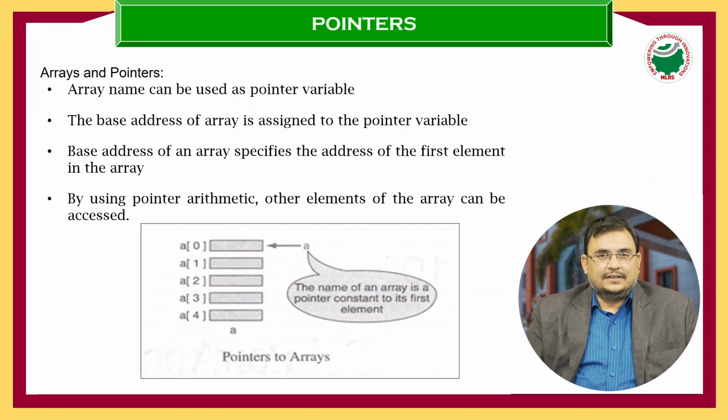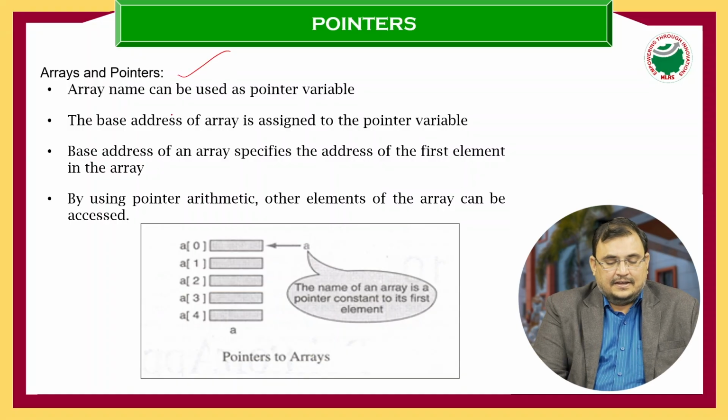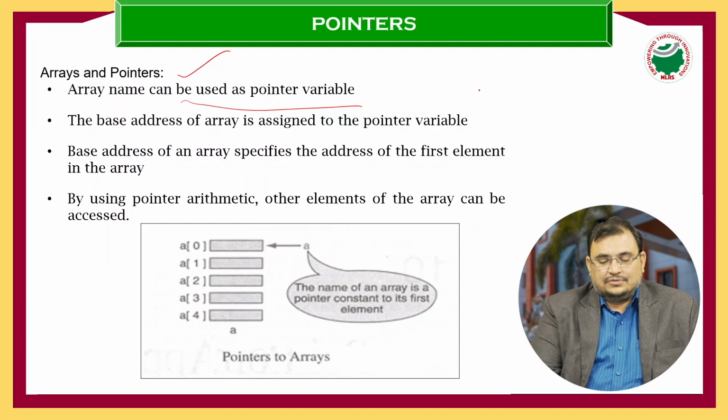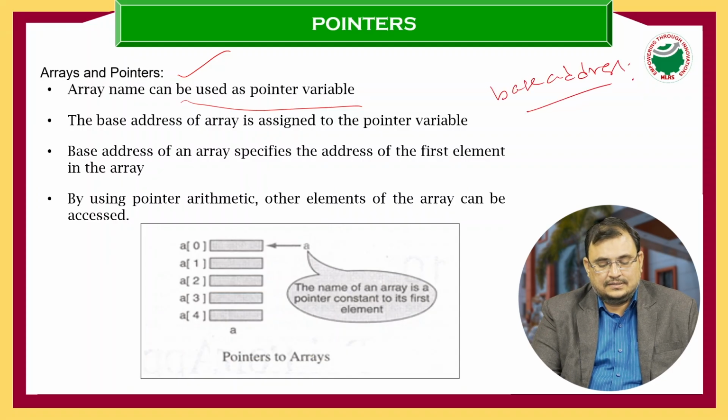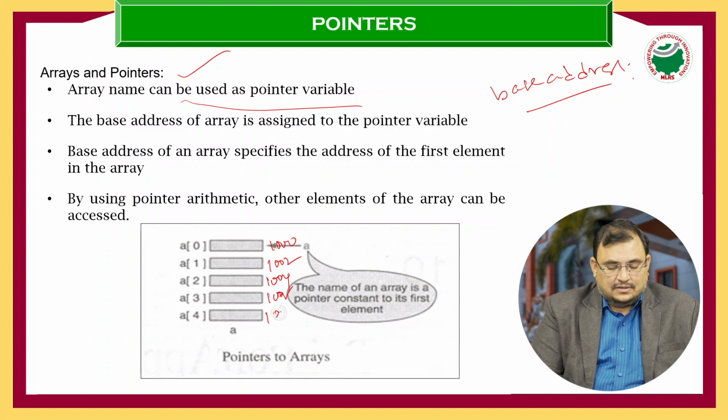You can use pointers with arrays also. Consider that an array name can be used as a pointer variable, because the name of the array stores the base address. Assume this address is 1000, this address is 1002, this address is 1004, 1008, 1010.